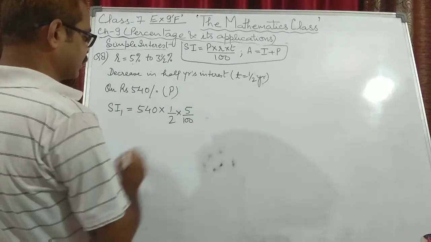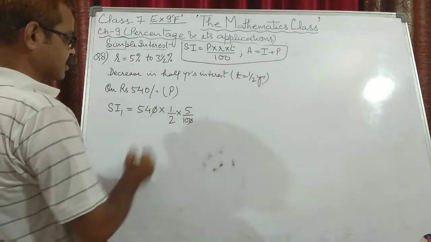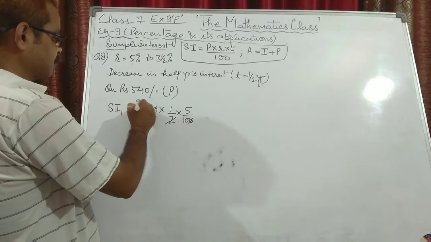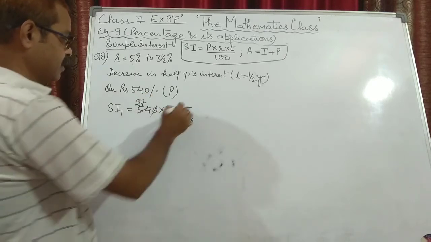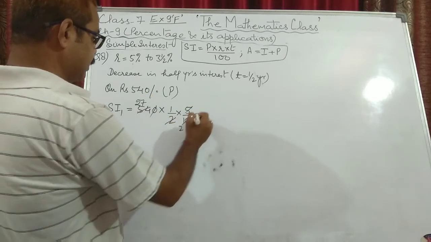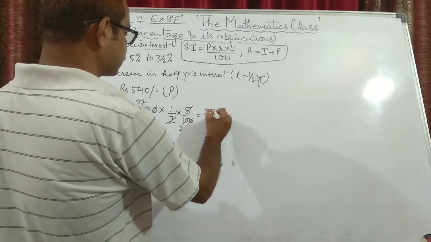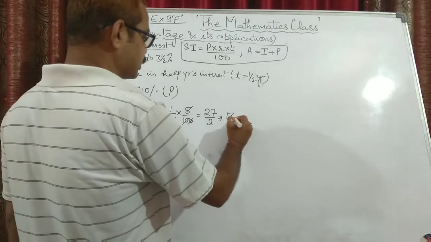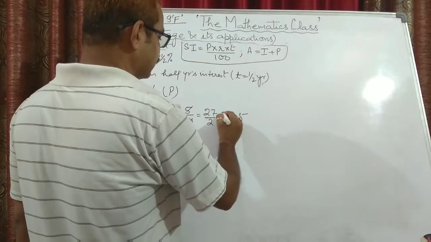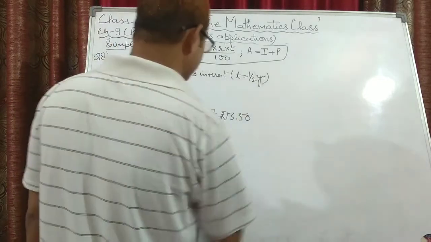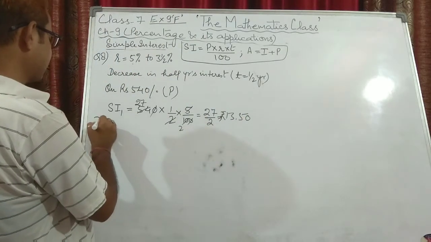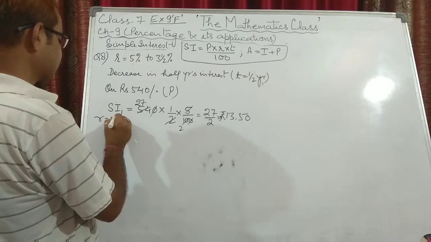Or you can write it like this. 0 and 0 cancel. 2 2s are 4, 2 7s are 14, 5 2s are 10. That becomes 27 upon 2. It means 2 1s are 2, 2 3s are 6.5. 13.50 was the interest when the rate is 5%.